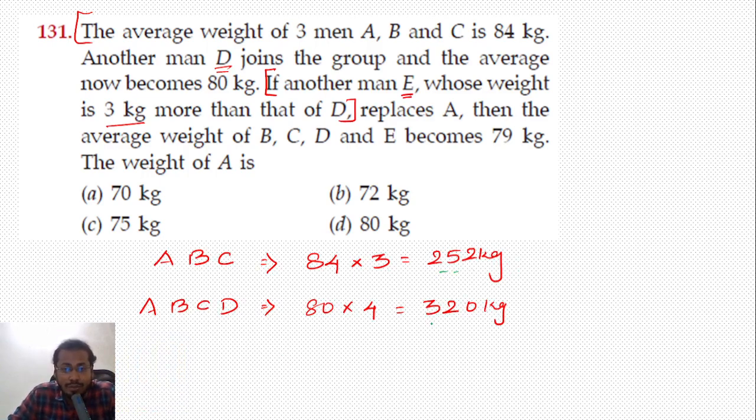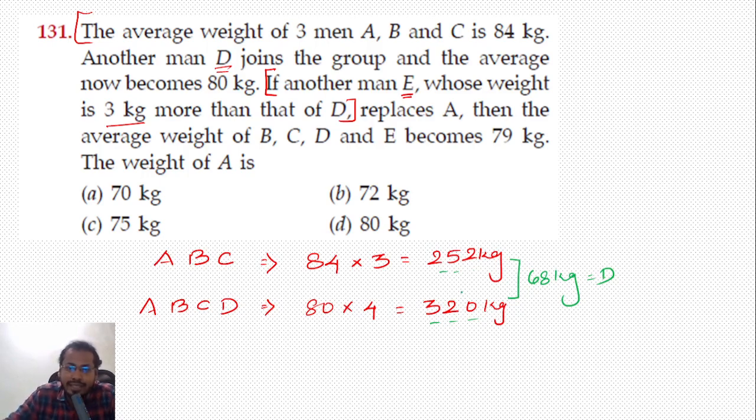When it comes to 4 men it was 320. So that extra one person, what is the difference? 252, 260, 270, 68. 68 kg is D's weight. Is it right? 68 kg.